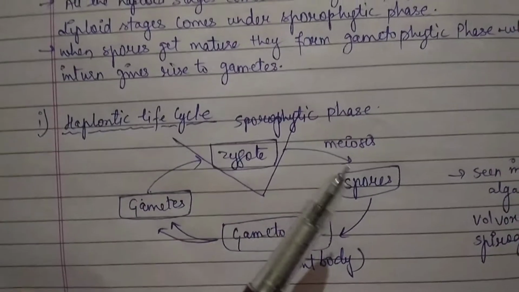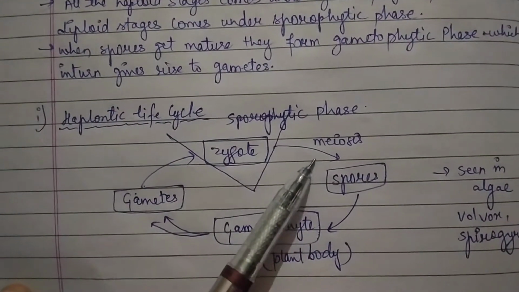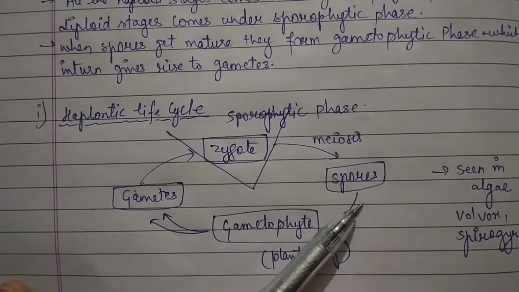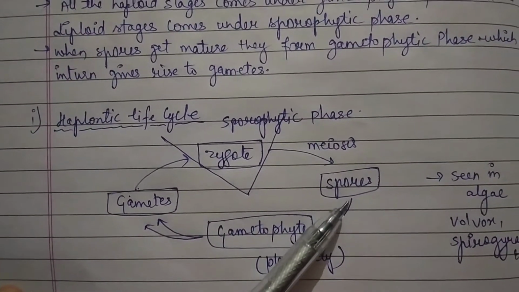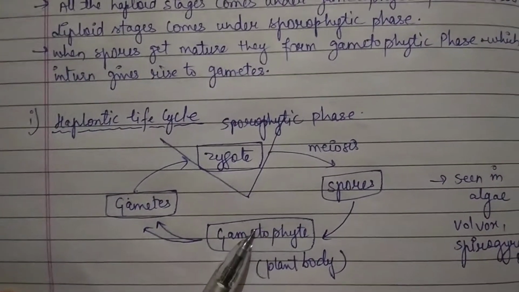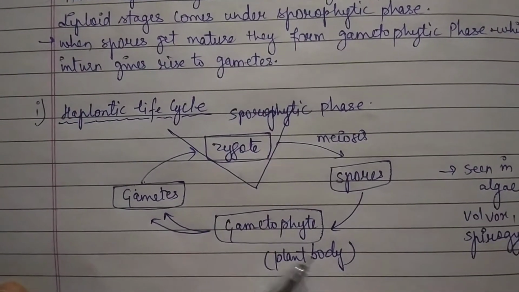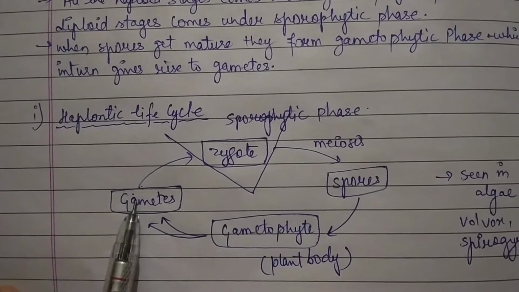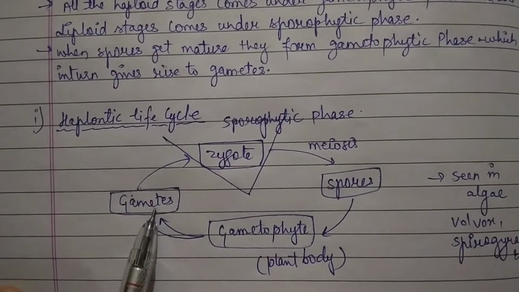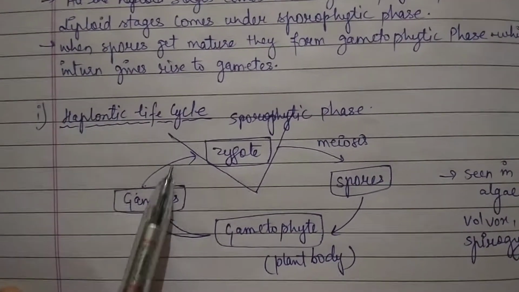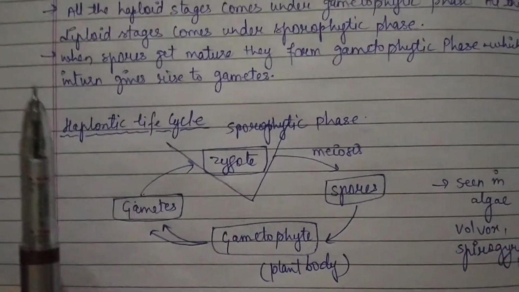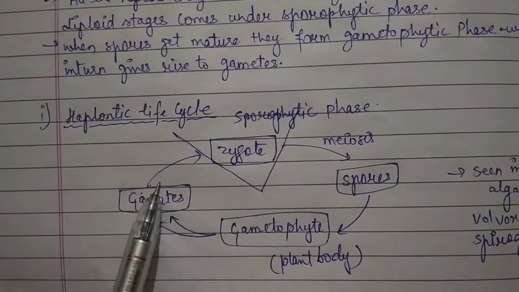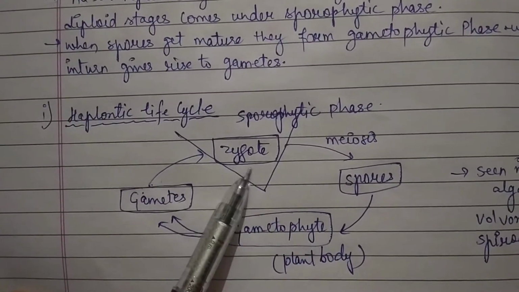This zygote when it undergoes meiosis, reductional division will happen, that will give rise to spores, which will be again haploid, and these spores when they mature will give rise to gametophyte, and these gametophytes will further undergo mitosis to give rise to gametes, and these gametes when the plant requires to undergo reproduction will fuse and form zygote.